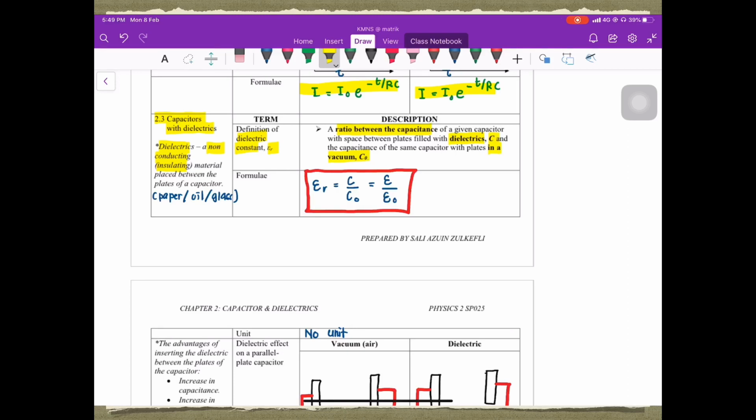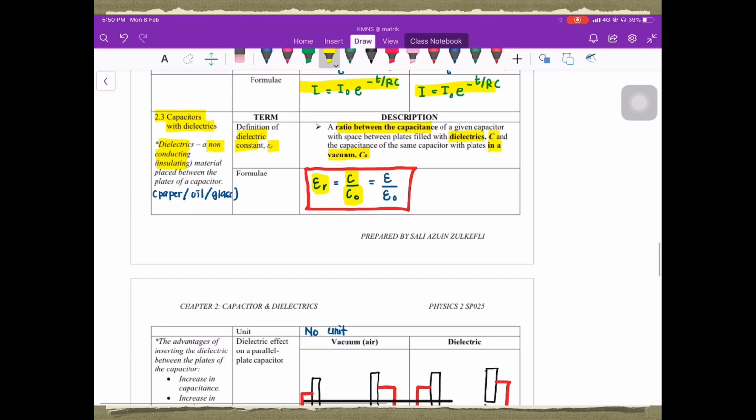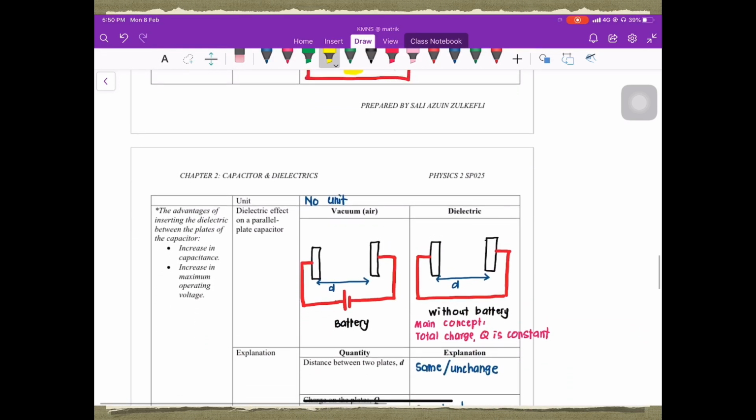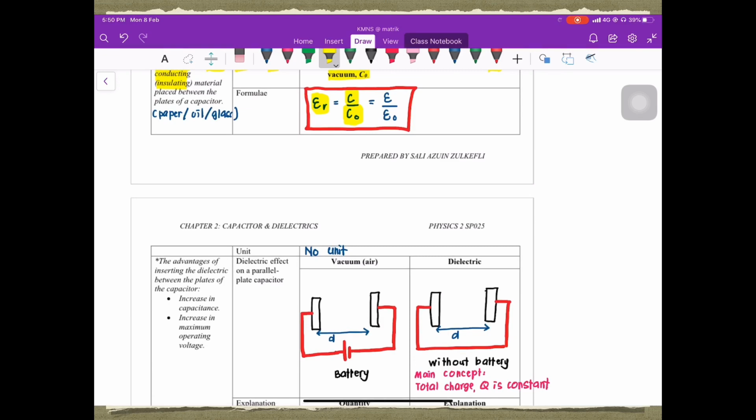So refer to this statement: dielectric constant is the ratio of capacitance with dielectric to the capacitance in vacuum. Alright. So next, this one is the permittivity in dielectric. This one is the permittivity in free space.